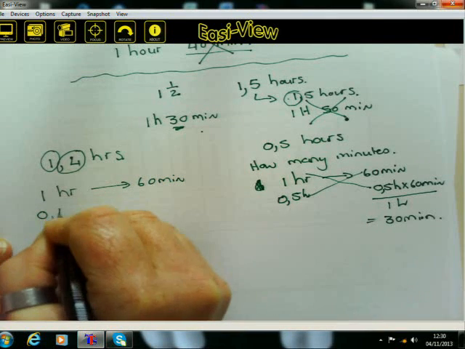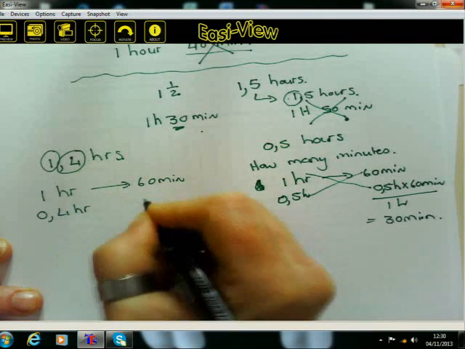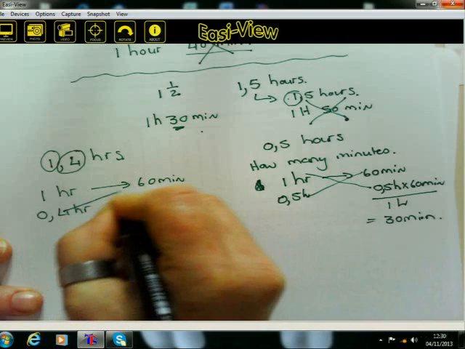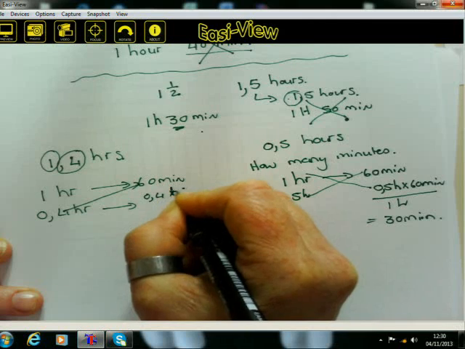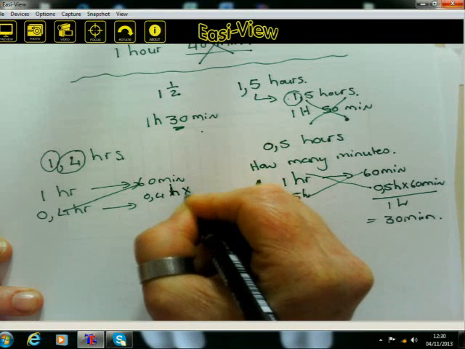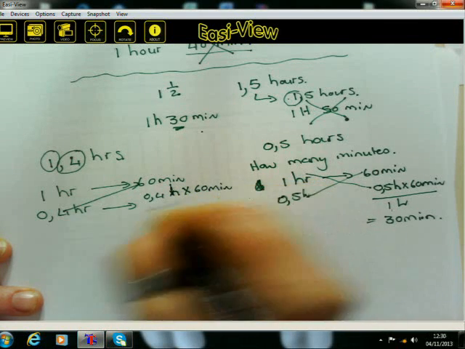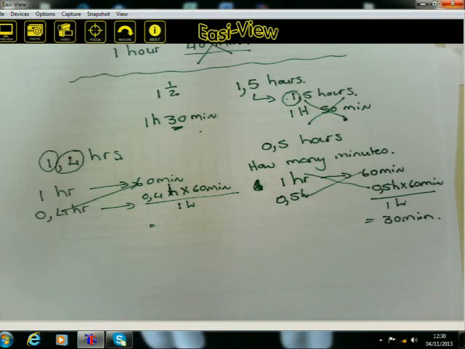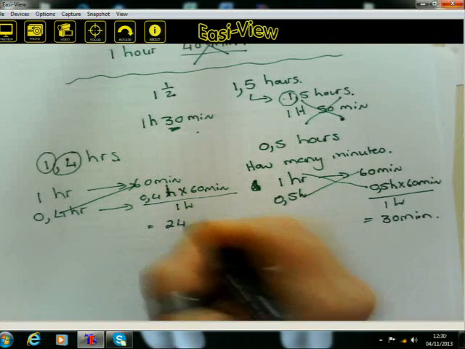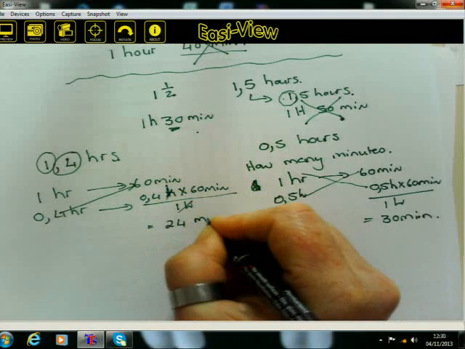So 0.4 hours will be, I do my cross multiplication, 0.4 hours times 60 minutes divided by 1 hour. And if you work that out, you will see that that is only 24 minutes, the hours cancel.